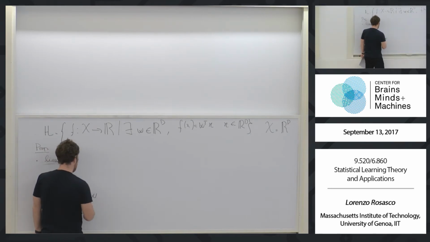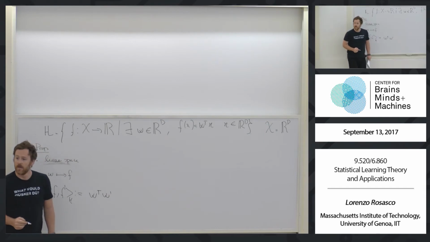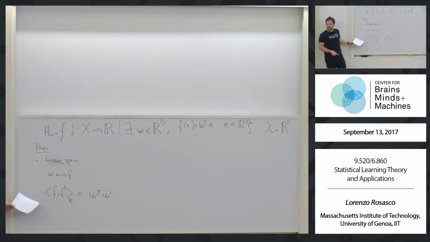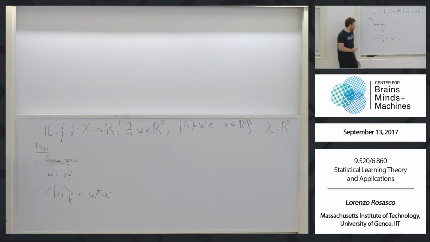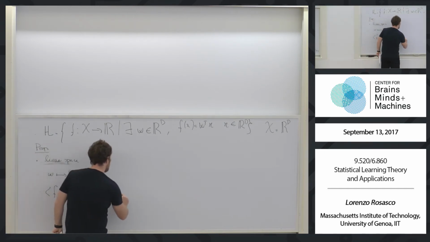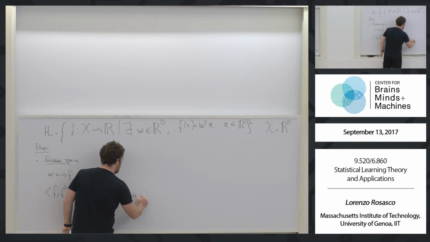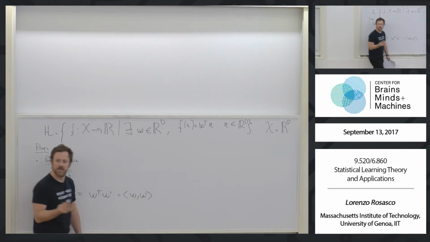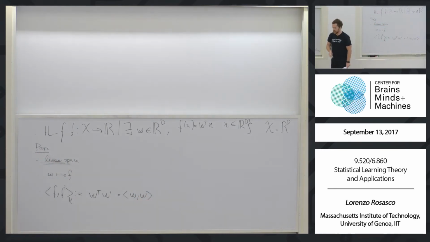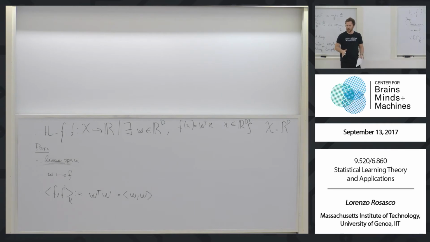So let me just call this W transpose W prime, where W is the vector associated to f, and W prime is the vector associated to f prime. And for those of you who were not around yesterday, we're often going to use the pairing notation for the inner product. It's just a change of notation. I'm going to use it all the time, so get used to it.